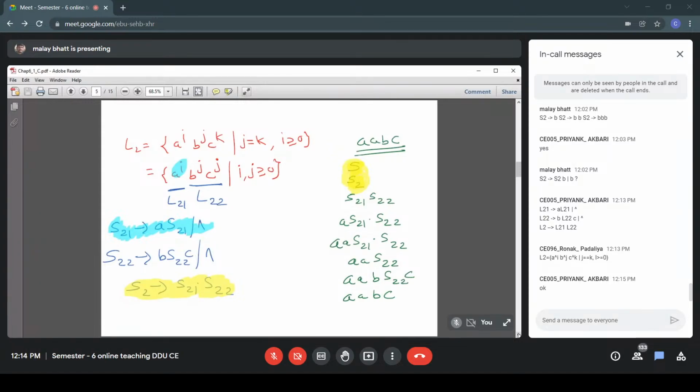Now from S21, we write a S21 concatenated with S22. Now to derive the AA string, we are writing AAS21 and we'll write S22. Now S21 we'll replace with null. So we are getting AAS22, and from this S22 we'll write BS22C.